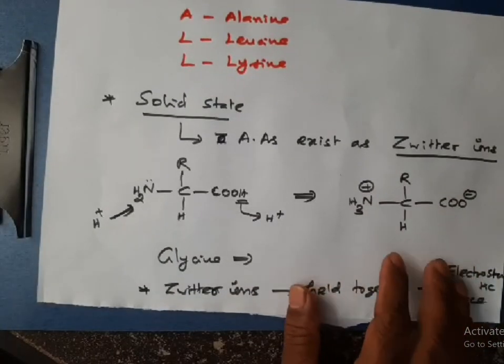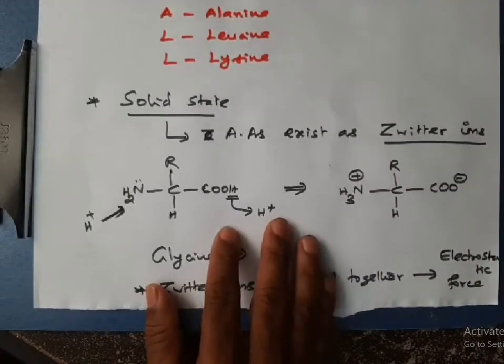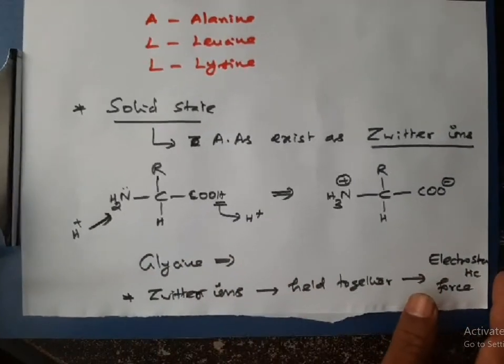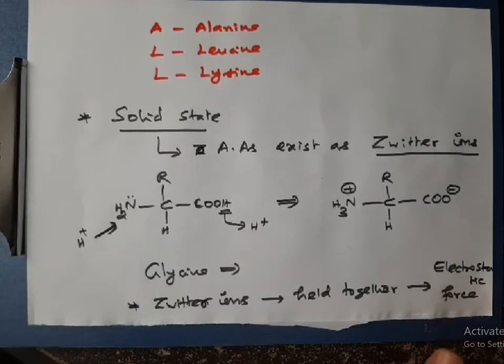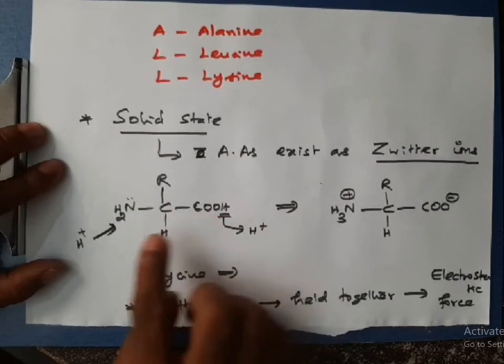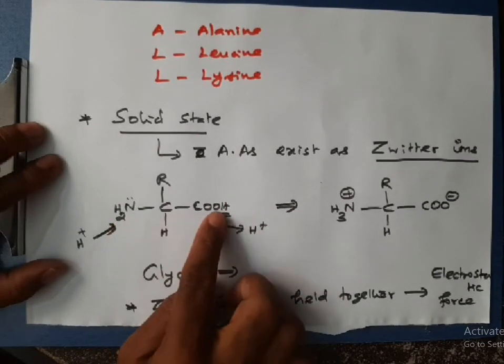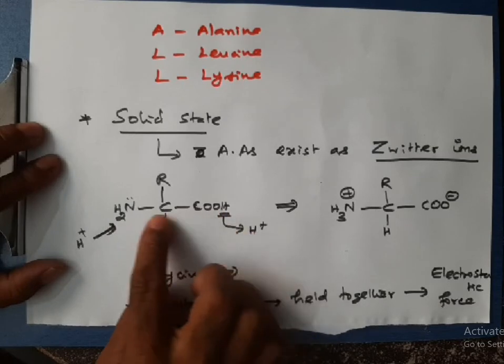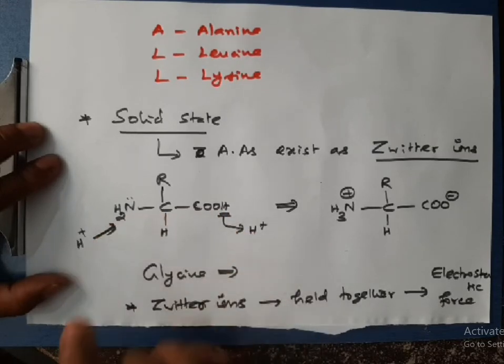Then the next one. So I have given the different types of alpha amino acids present in the animal proteins. Now, in solid state, how do these amino acids actually exist? Amino acids consist of an acid group and an amino group. The acid group can lose H plus, and the amino group can gain H plus.